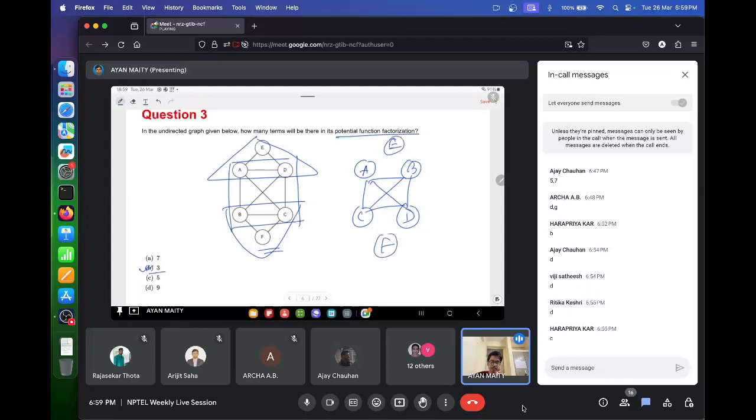In that case, A, B, C, D would be one factor and E and F would be two other factors. But these two graphical models are not equal, isn't it? Because on the left, E is connected to A and D, and F is connected to B and C. So we need to consider these connections as well.